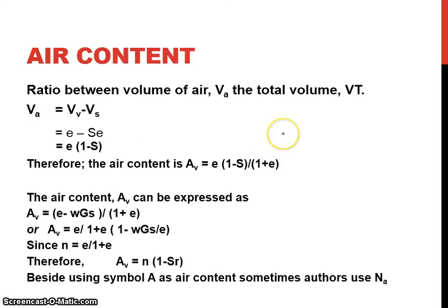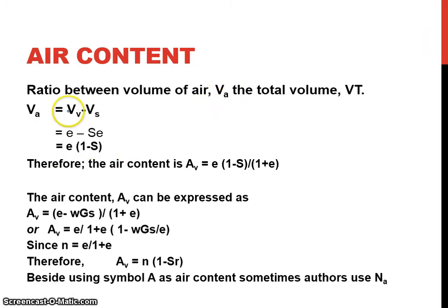Alright, and going back to the air content. For the weight, of course, we cannot weigh the air, but from the volume of air we can know how much air is in the soil. We know the volume of voids, minus the volume of water, so we can have the volume of air.